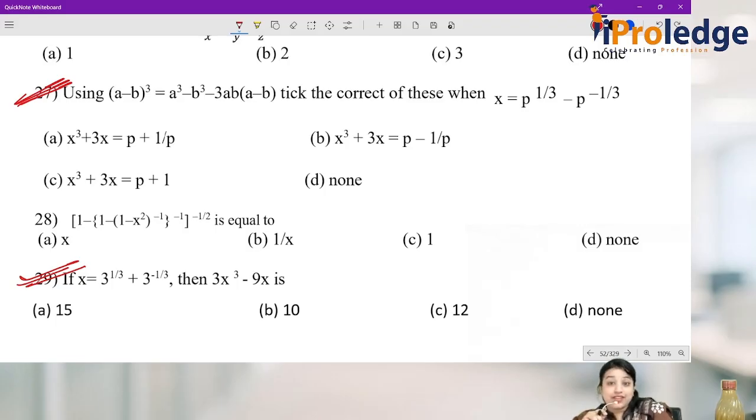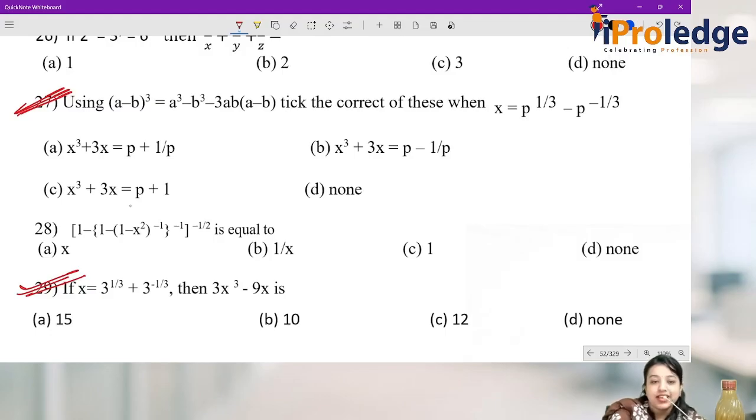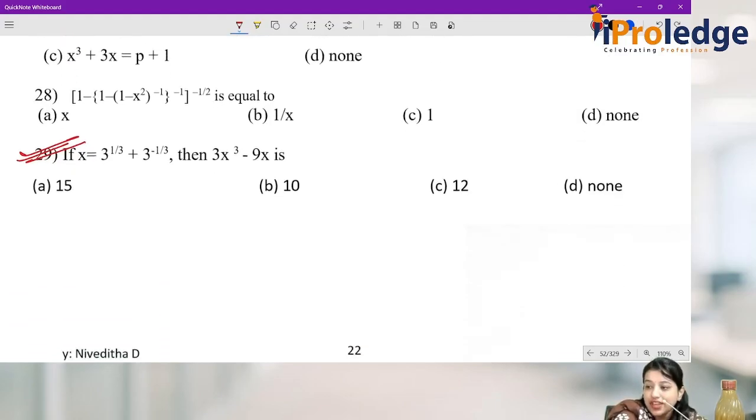And in the options we have x cube. So since the options have x cube, you have to go with x cube.